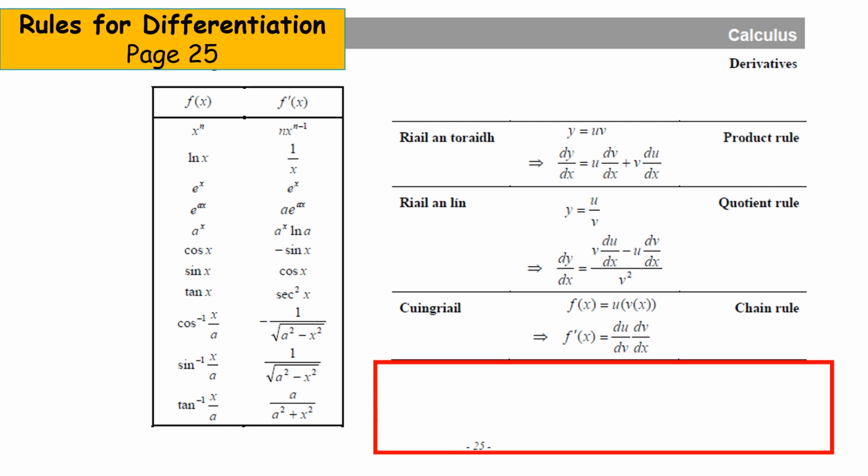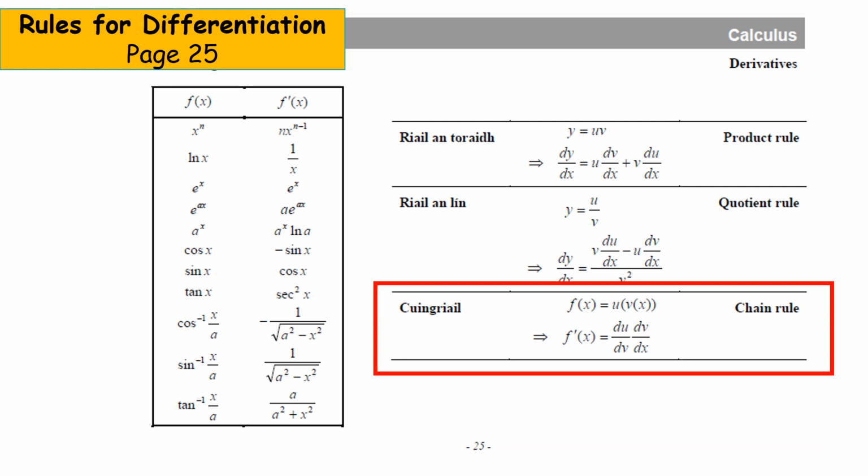But here we're going to focus on the chain rule. Again, you may have done this in a bit of depth in your maths course, or you may not. Because we go so much deeper with our integration in applied maths, understanding the chain rule and what it's doing can make a big difference to our work.